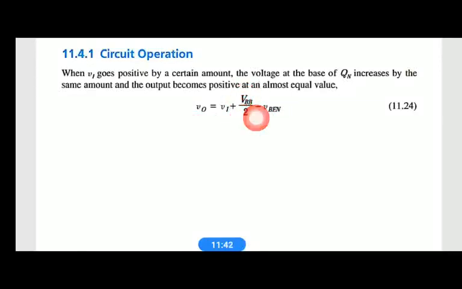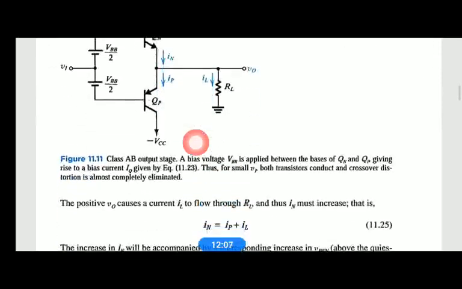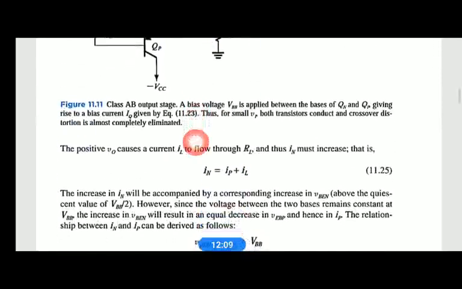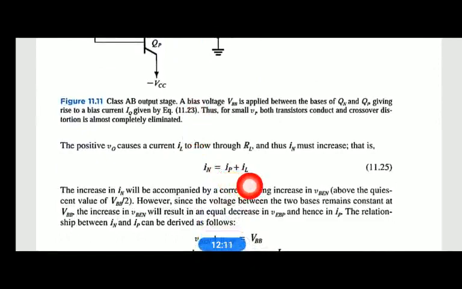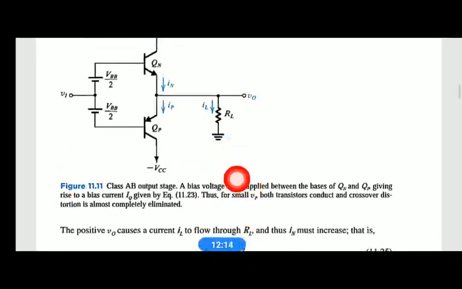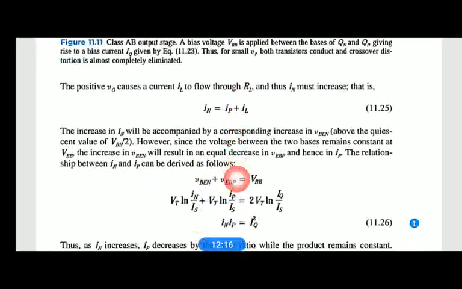Since VBB by 2 is also a very small value, if you neglect this, we can say that V naught is approximately equal to Vi. Therefore this circuit is a voltage follower circuit, and as you increase Vi, V naught is also increased, as you can see clearly from that equation. We already discussed that IN is equal to IP plus IL, you can see this clearly in the circuit, right.